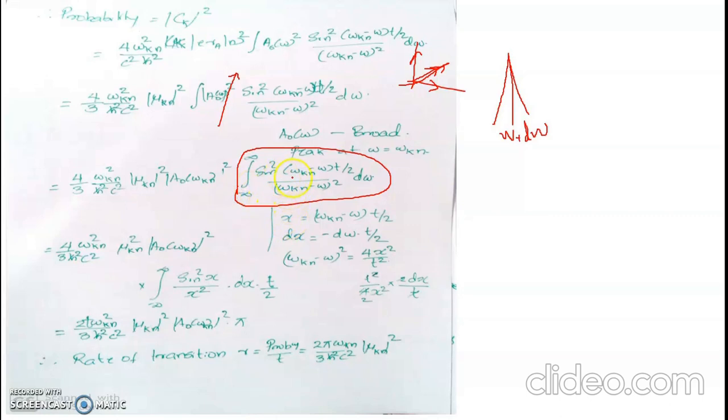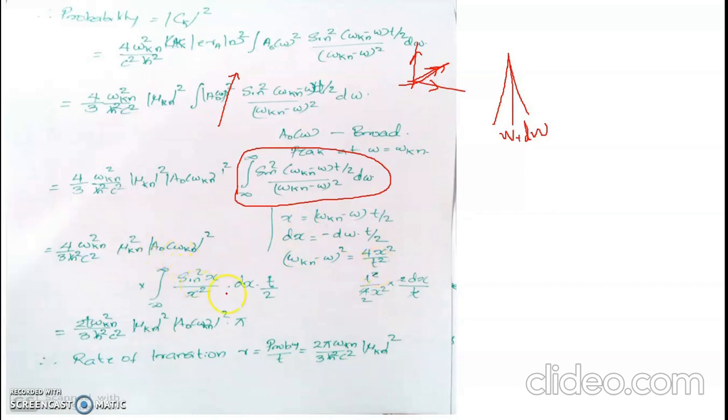We substitute omega kn minus omega into t by 2 as x. Then dx equals, since omega kn is a constant and its derivative is 0, minus d omega into t by 2, where t by 2 is a constant and is taken out. Again, omega kn minus omega whole squared: 2 is taken to the left side, t is also taken to the left side, to make omega kn minus omega equal to 2x by t, and the square of this is 4x squared by t squared.